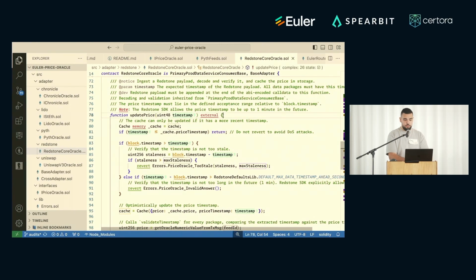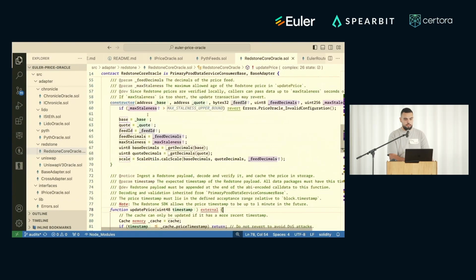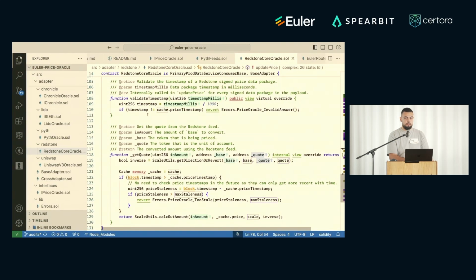So users are expected to interact with this adapter by first calling update price and then calling get quote in the same transaction. And this, by the way, is easily done with the EVC.